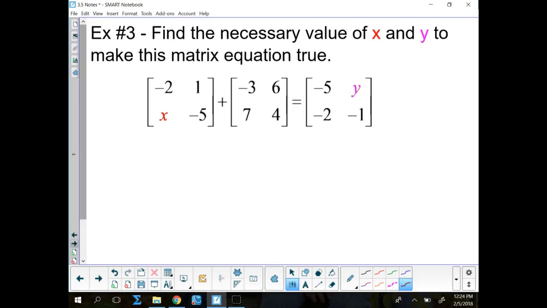Dimensions of the second one, same, 2 by 2. Dimensions of the resultant matrix, 2 by 2. So that all matches up. Just out of curiosity, what would happen if one of those dimensions wasn't the same? So then what's my answer? Not no solution.